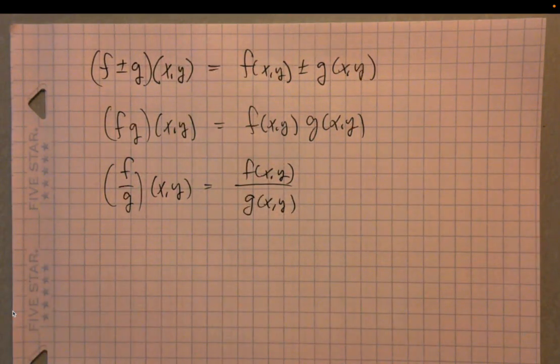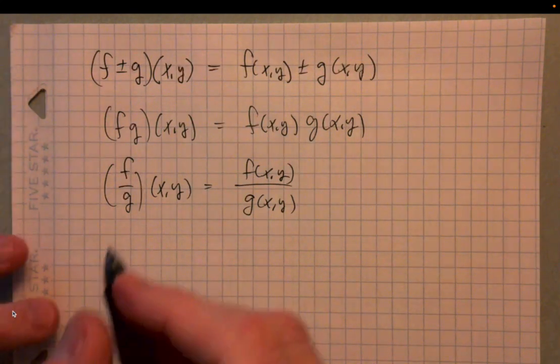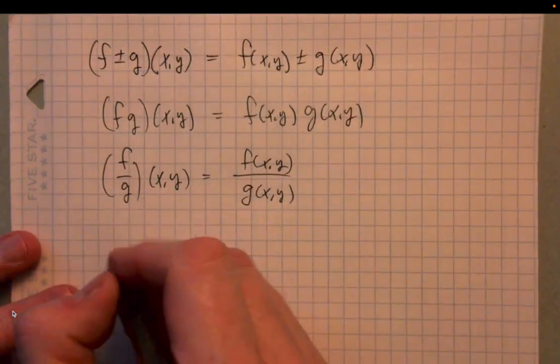Okay. Now, where we run into a little bit of a wrinkle is when we talk about composition of functions. It's not possible to combine two functions of several variables, but what you can do is take a function of several variables and compose it inside of a function of a single variable. Now, I think if I write it out, it'll be a little clearer.